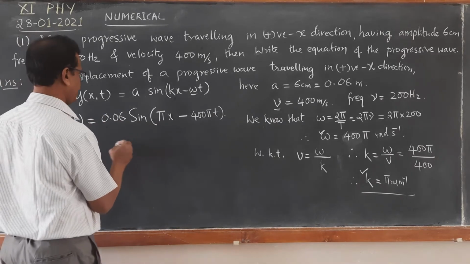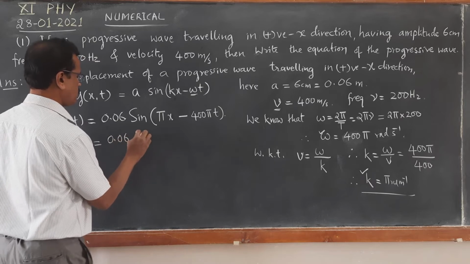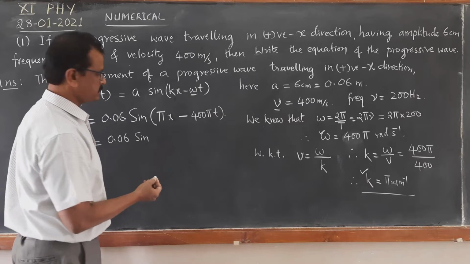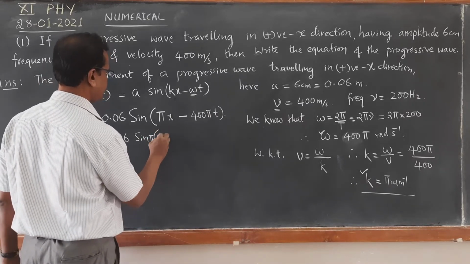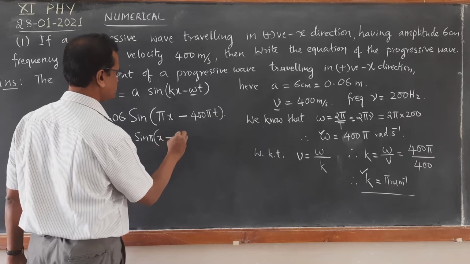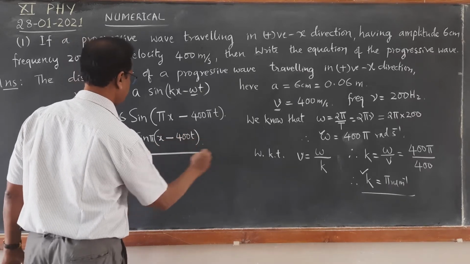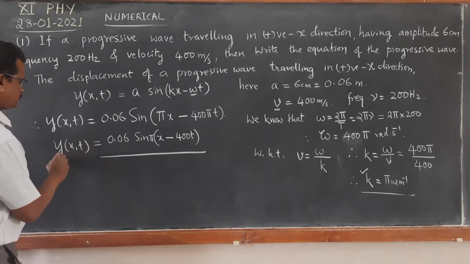You can take out pi, or you can substitute the value of pi. That is also okay. If pi is taken out, then you are left with x minus 400 t. This becomes the equation for a traveling wave.